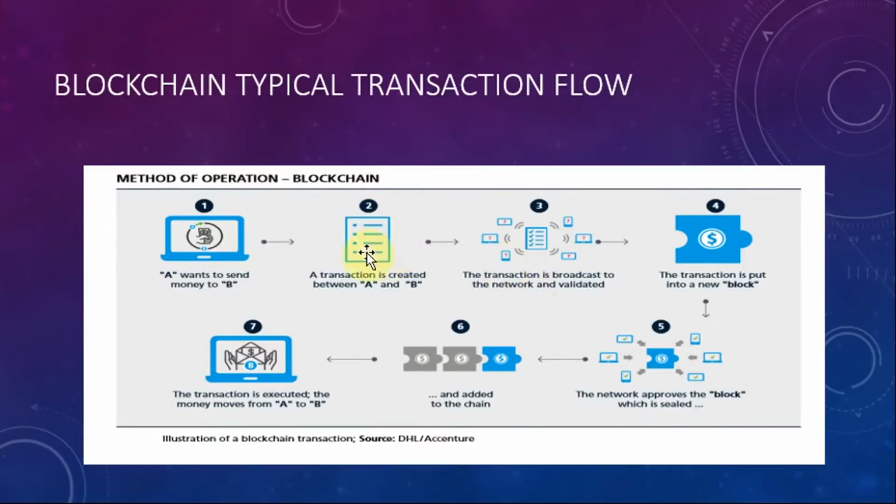So this transaction that says, hey, A is transferring money to B, will be hashed, will be encrypted, and then it will be broadcasted to the network. It means different computers in this network will see this transaction being broadcasted, and they will have to validate and verify it.